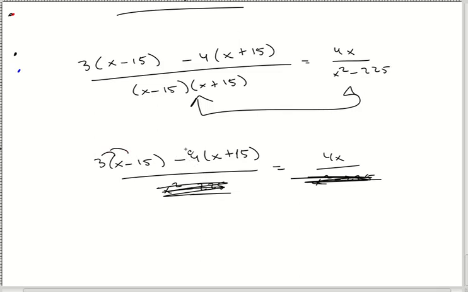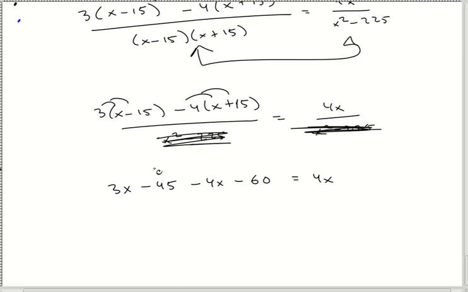Distribute the 3, distribute your negative 4. And so I got 3x minus 45. I got a negative 4x minus 15 times 4 is 60. Should probably grab my calculator. Combine like terms. You know what? See that 4x over there? I'm going to add 4x to both sides.